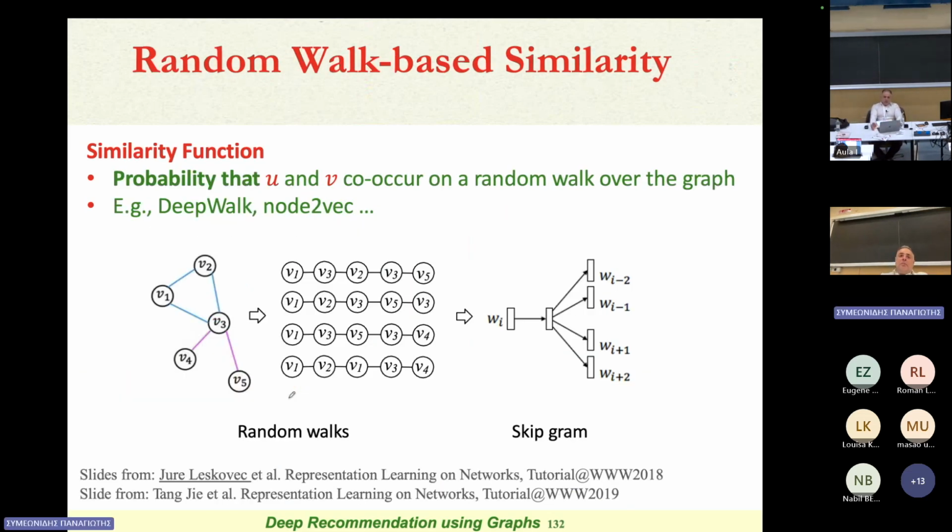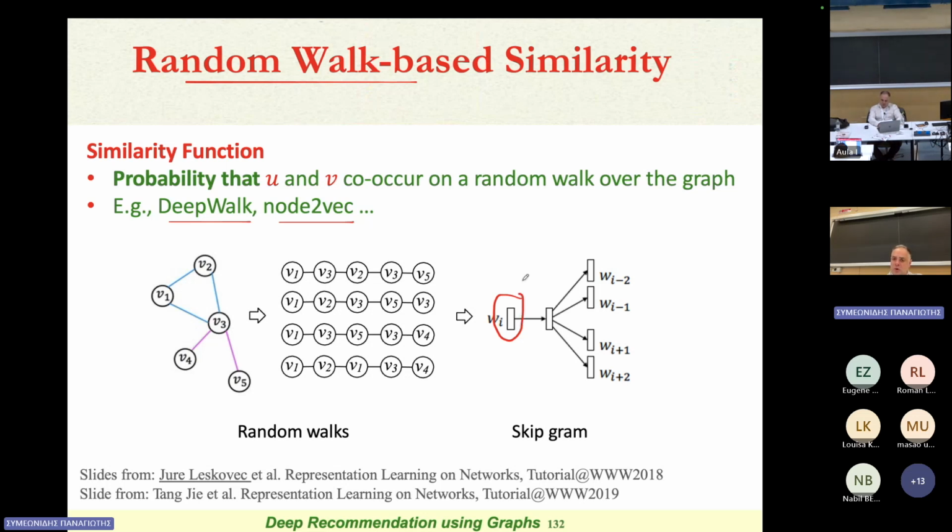Here we have algorithms like DeepWalk and node2vec, and of course you can apply random walk methods in order to infer similarities or distances between nodes in this new dimensional space. And you can use technologies like the skip-gram mechanism, where you want to predict which will be the close nodes of the target node.